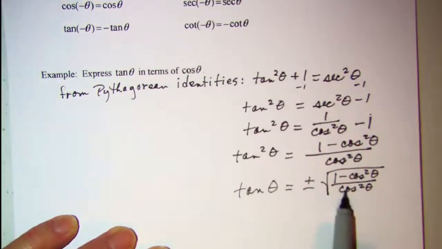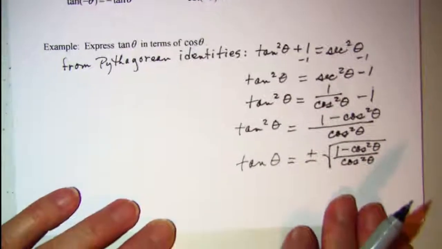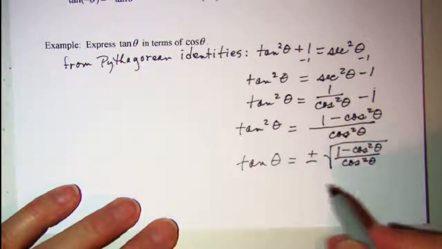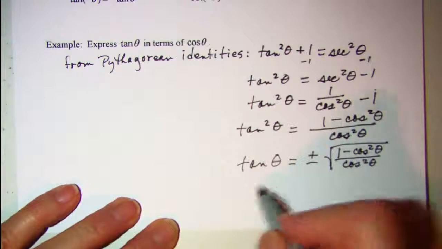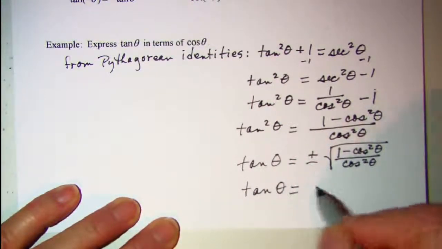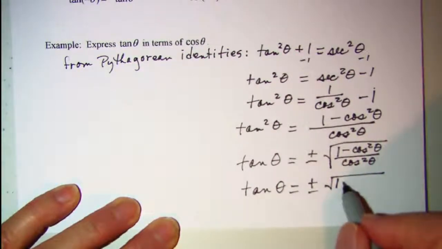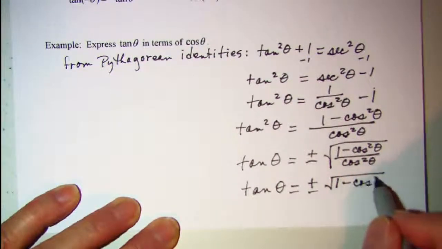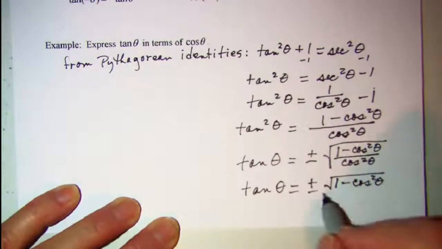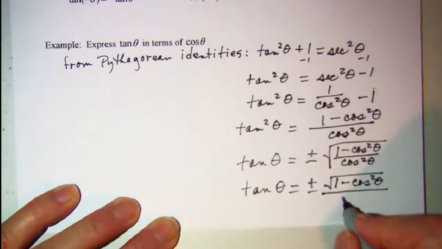Now I can square root this denominator, and let's do that as our final step for simplifying this one. Tangent theta is equal to plus or minus the square root of 1 minus cosine squared theta over, and the square root of cosine squared is just cosine.